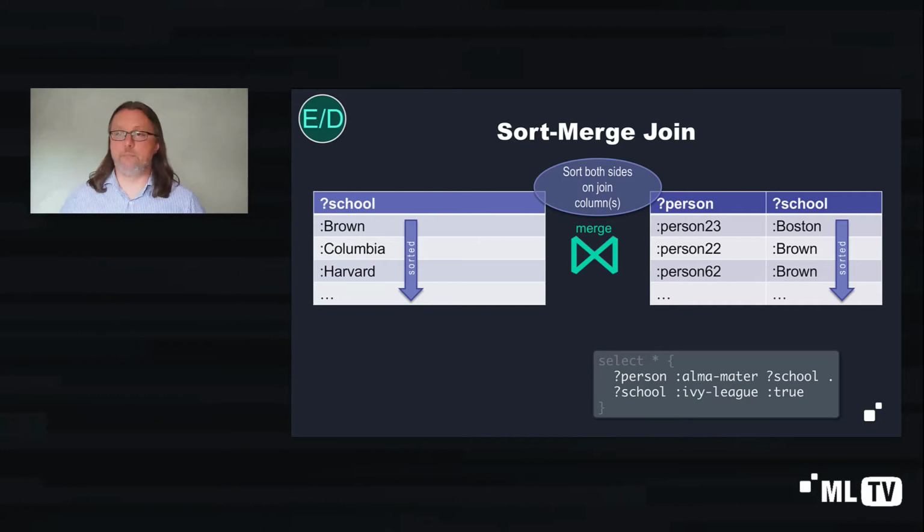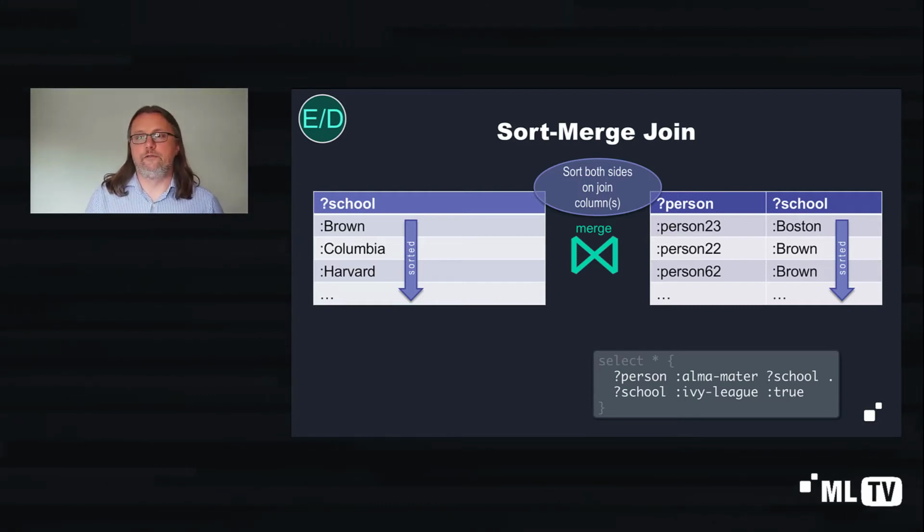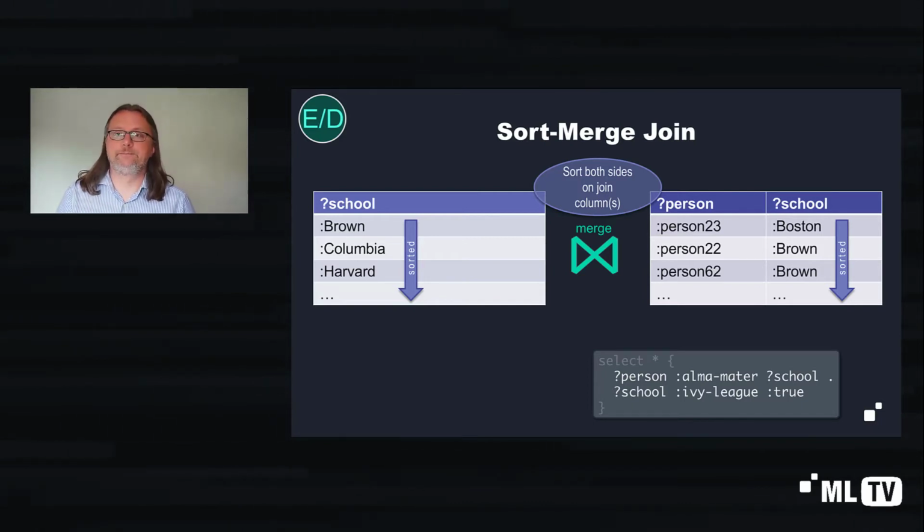It does that using the permutations and the triple index, and it does that using careful bookkeeping as well. And if you're interested in that, part 2 of the deep dive about the optimizer will help you to understand how that happens.